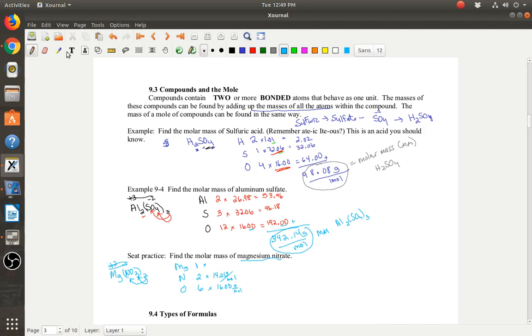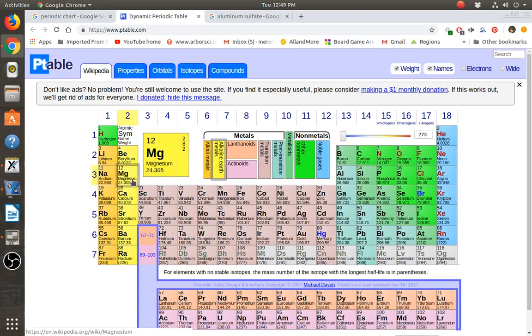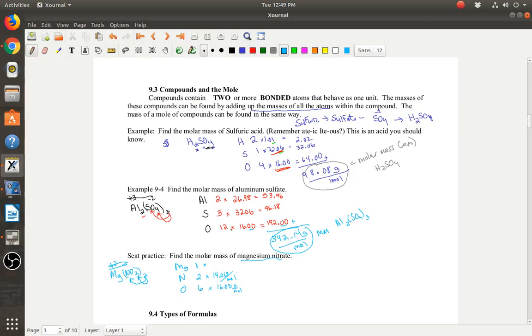Magnesium, I don't know. I'm going to go back and look. Magnesium, 24.31, because the 5 causes the 0 to round up. See, nitrogen is 14.01. So 24.31 for magnesium. So 24.31 grams per mole. Now I'm going to multiply it.